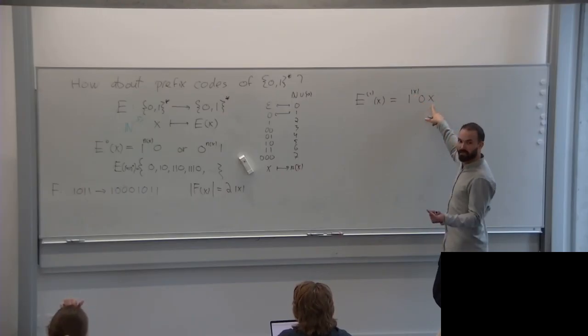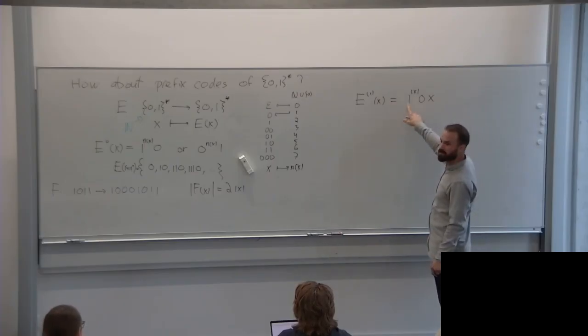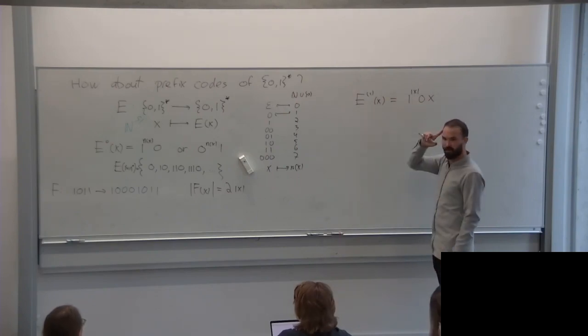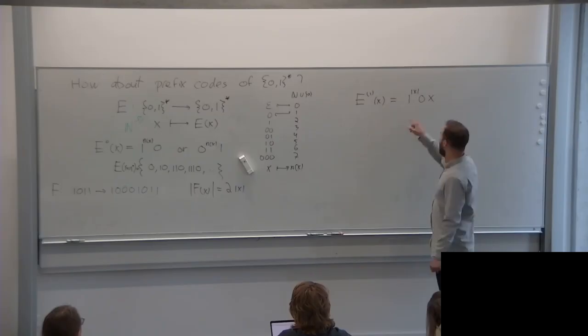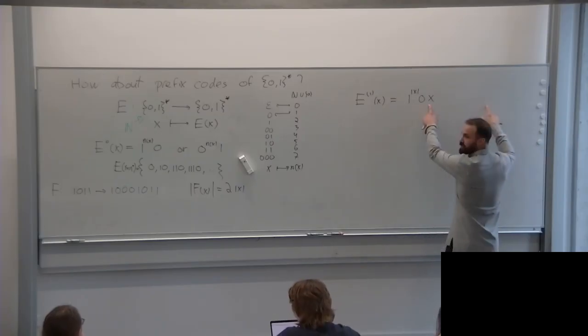So once you want to decode it, again from left to right without overshooting, you can just count the number of ones. 1, 2, 3, 4, 5, 6, 17, and then you hit a 0. You remember the number 17, and you know that the 17 next bits form your string x that you're encoding.